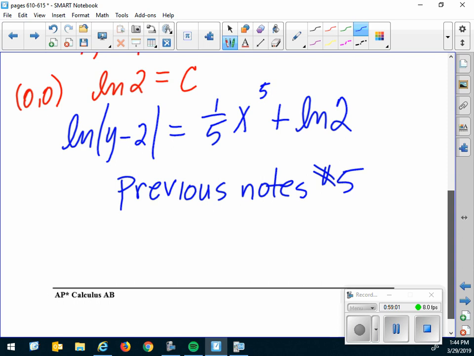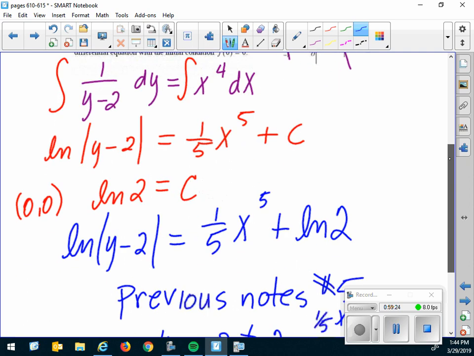Okay. So on our other notes, let's see what we have. We had y minus 2. Let's see, we had y equals 2 plus or minus 2e to the x to the 5th. Okay.